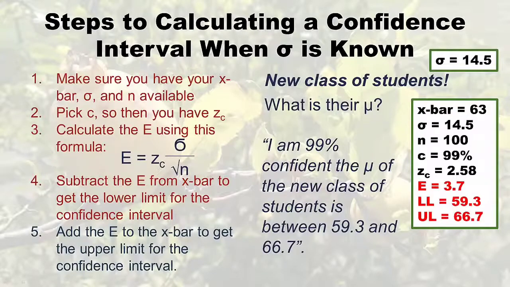So if I was talking to you about your class and you're like, oh my gosh, it was so bad, the mean was 63, and you also tell me that the 99% confidence interval is 59 to almost 67, it really tells me everybody did pretty bad in that class. Like if 99% of the samples you could have taken would have gotten an X bar in between those two numbers, people are not doing well in that class.